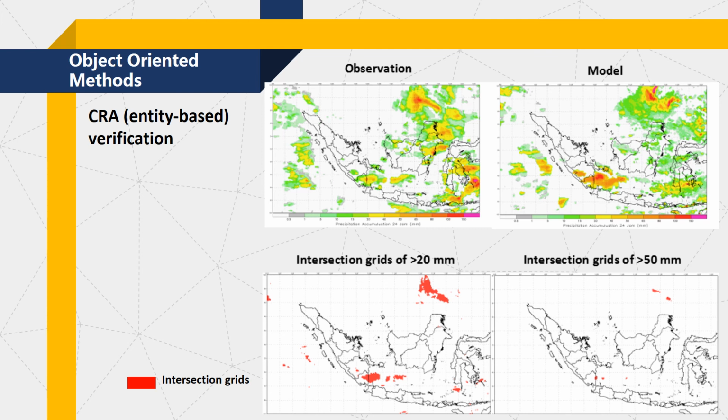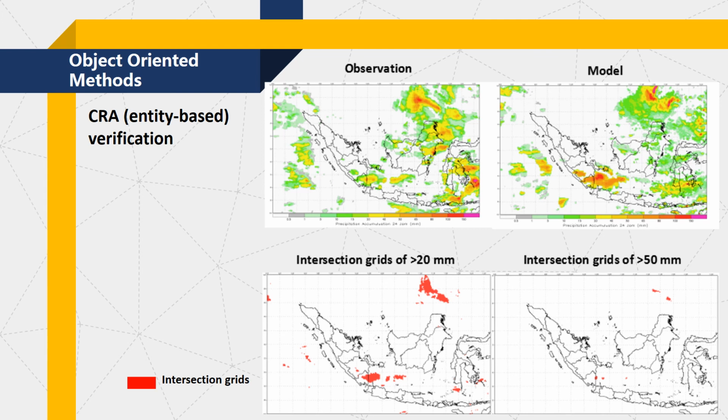So we want to verify how many areas have matching values, and to identify the area, the first thing we have to do is decide the threshold.